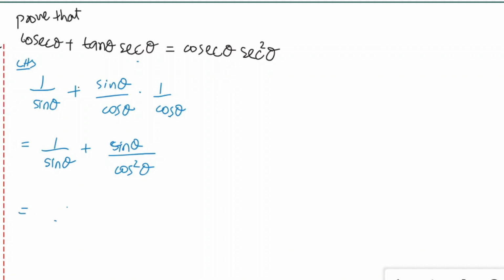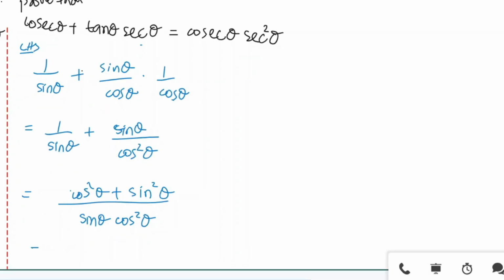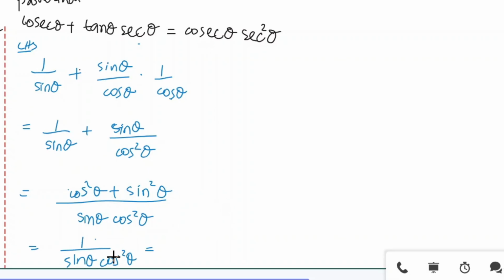By taking the LCM, you have sine theta cos square theta on the denominator, and on the numerator you have cos square theta plus sine square theta, which is again equal to 1. So it will be 1 over sine theta cos square theta, and now separate. So 1 over sine theta is cosecant and 1 over cos square theta is secant square.